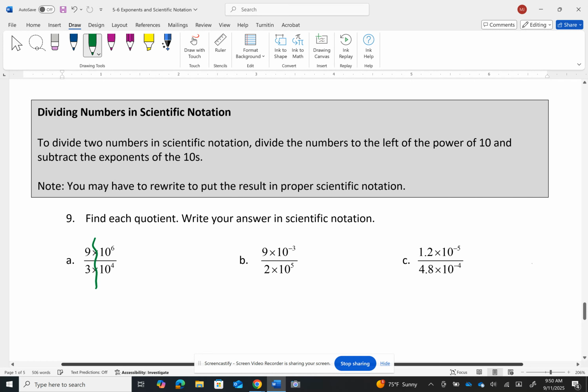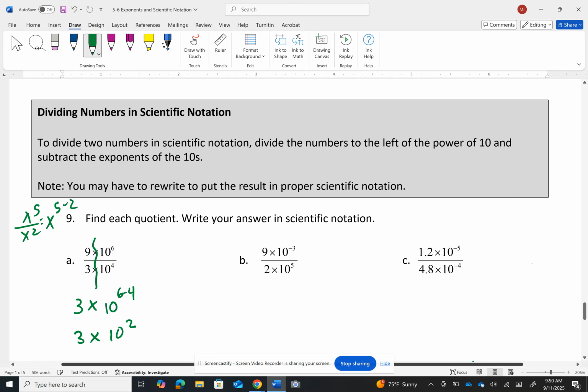So you remember how you subtract the exponents when you have like x to the 5th over x to the 2nd was x to the 5 minus 2? That's what we're going to use on the power of 10 part. So the 10 to the 6th divided by 10 to the 4th would be 10 to the 6 minus 4, which would be 10 to the 2nd. And then we can do 9 divided by 3, which is 3.